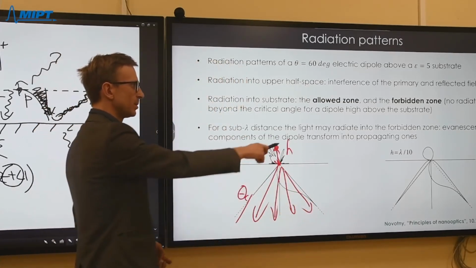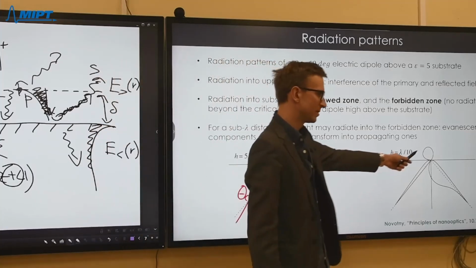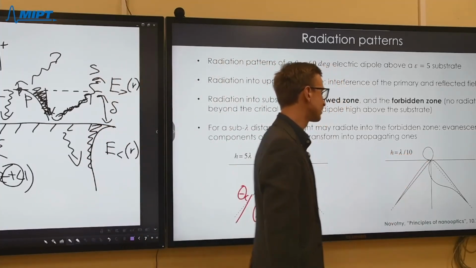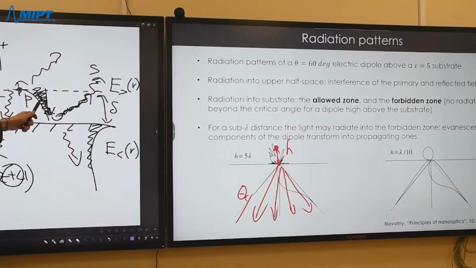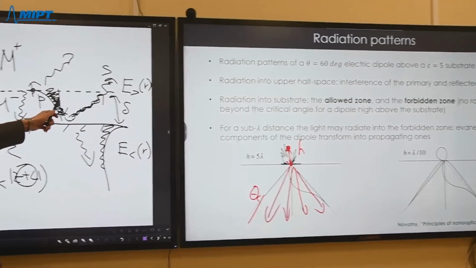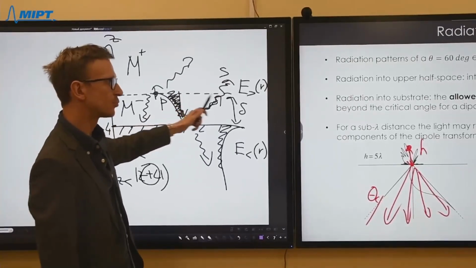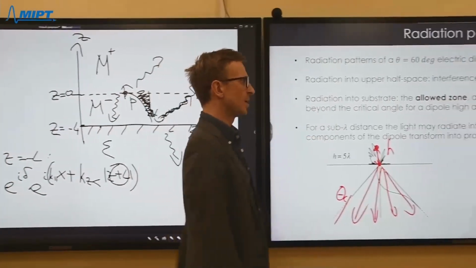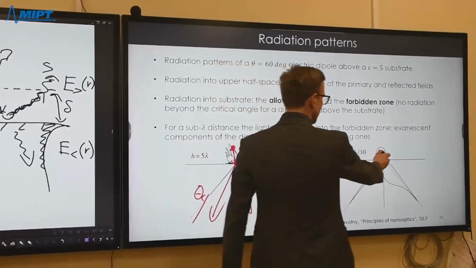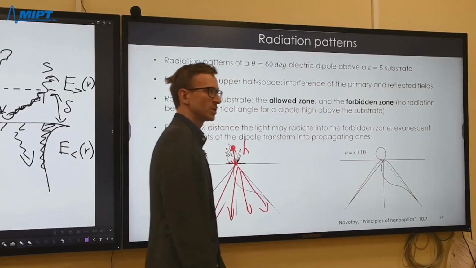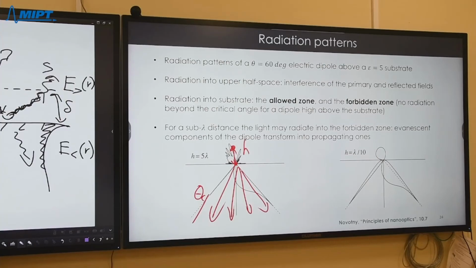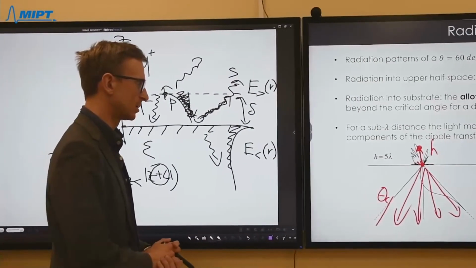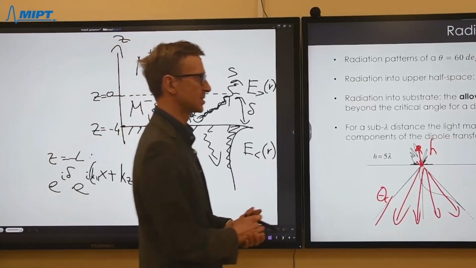However, if the dipole is located at a sub-wavelength distance from the substrate, then the evanescent components of the primary fields do not decay sufficiently fast, and they do reach the interface. When they do, these evanescent components are transformed into propagating, homogeneous waves, because they become allowed light.